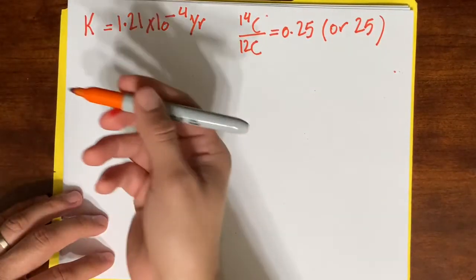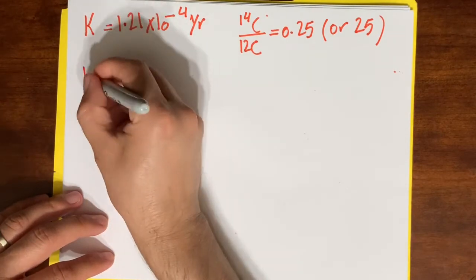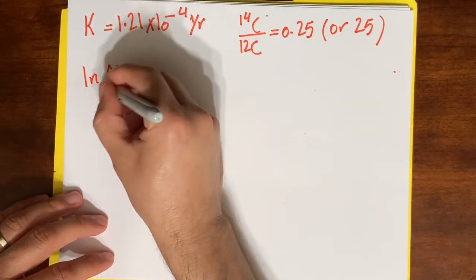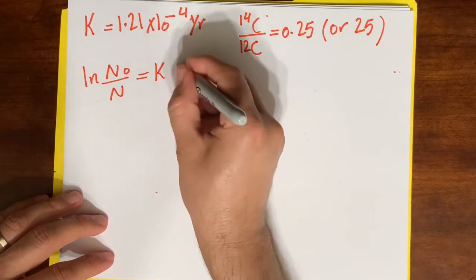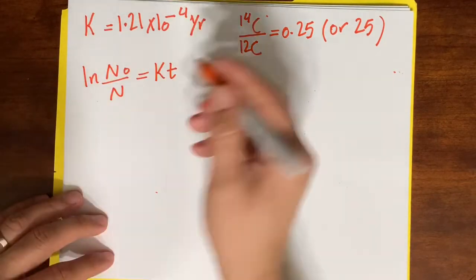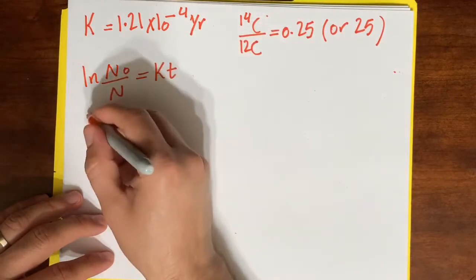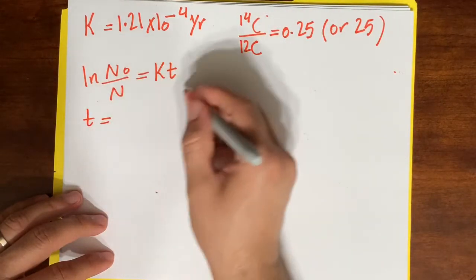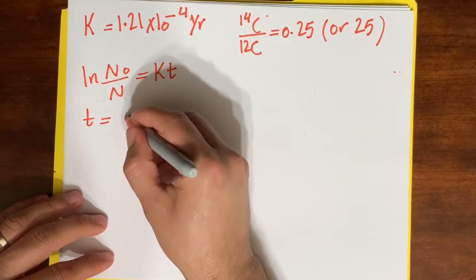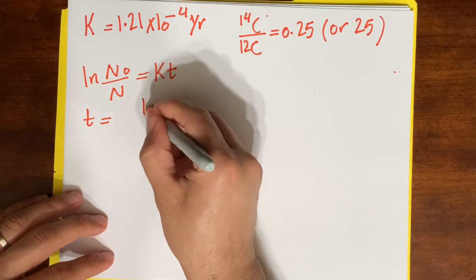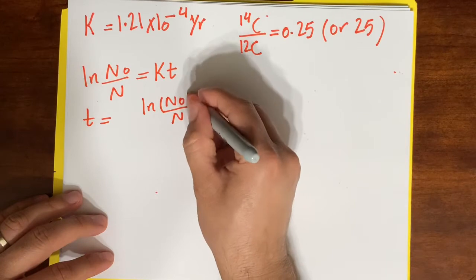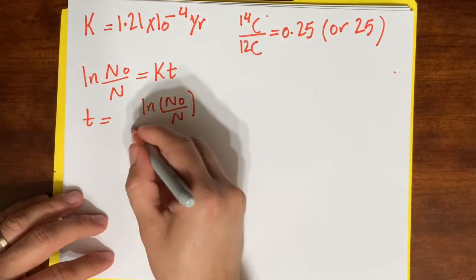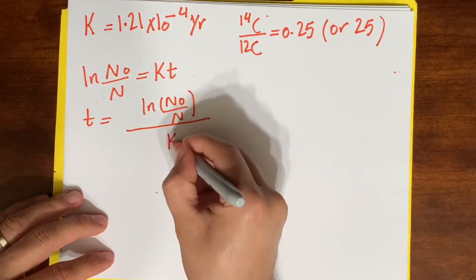Okay, so I go with this. Go ln of N0 divided by N equal to kt. Let's find t. t is going to be equal to ln of N0 divided by N, and hold this one, divide by k.